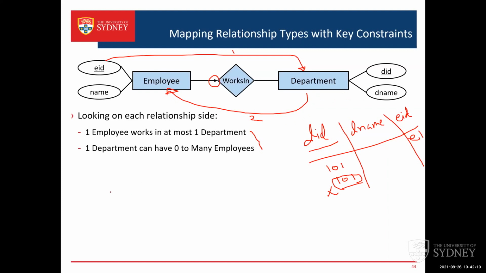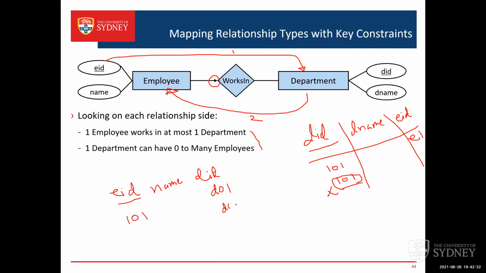In the employee table now I have employee ID, I have name, and I am trying to put DID. And in this case, employee ID is the primary key. So one employee, 101, he works in D01, let's say. That is fine.